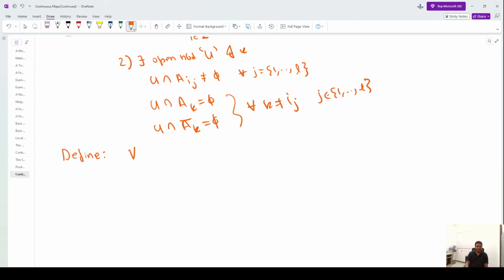So let us define V to be U intersection, J from 1 to L, X minus AIJ. Note that this is open.